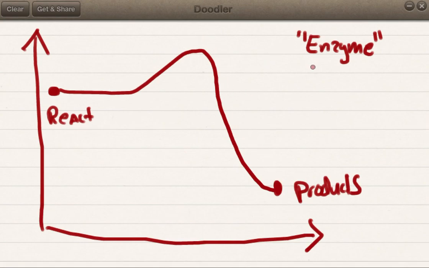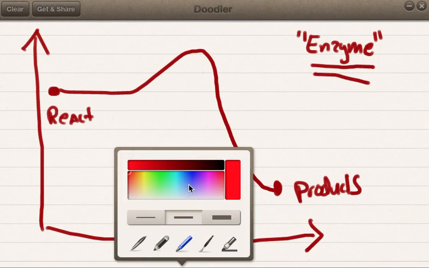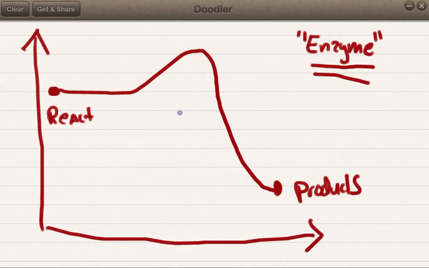Well, this is where the catalysts come into play, the enzymes in particular in the human body. I'm going to draw the same chemical reaction in blue here.